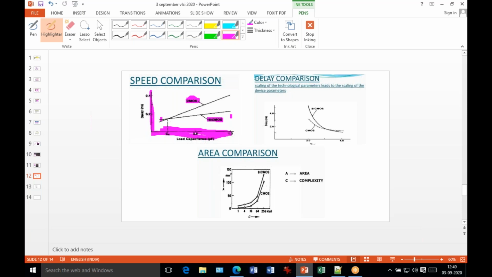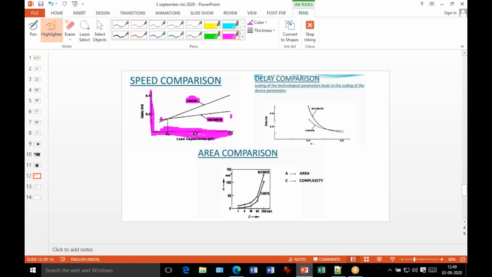If suppose my input is now going to the lower value, then you see my output voltage is.